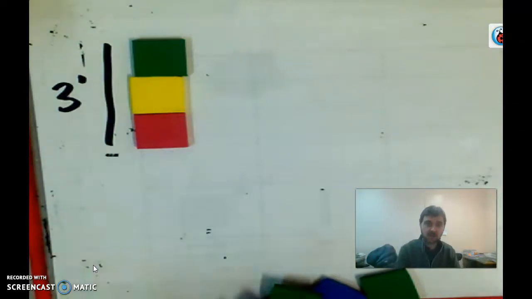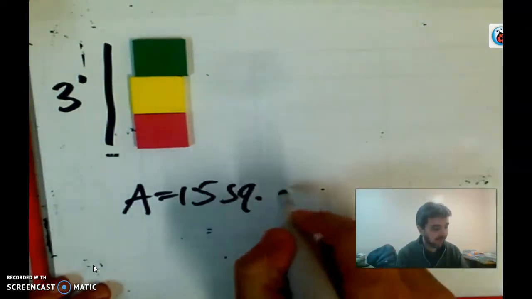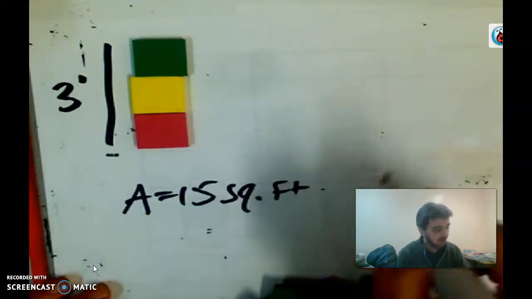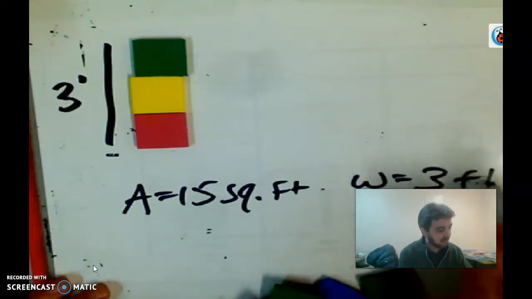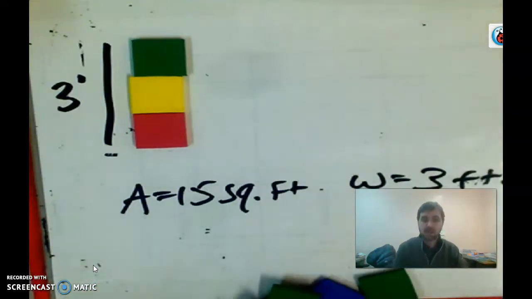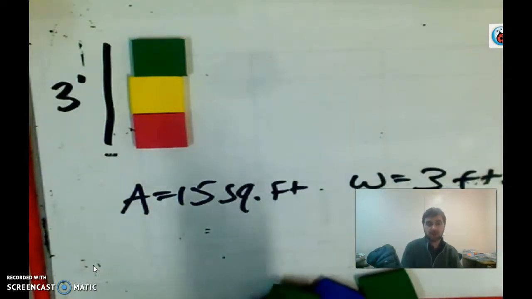So the area is 15 square feet, and we know the width is 3 feet. Okay? All right. So how are we going to figure out how long this rug is going to be? How long of a rug can I afford is the question.